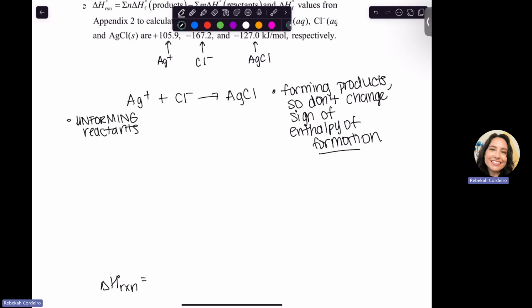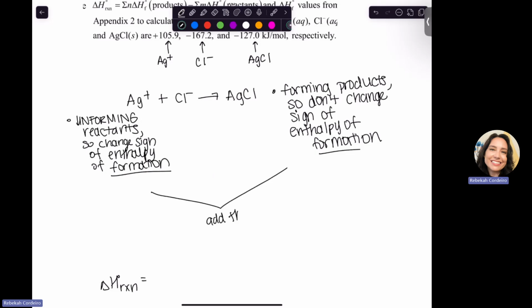So we're doing the opposite of forming them. So we have to change the sign of the enthalpy of formation, because we need to find the enthalpy of unformation, which would be the opposite. Does that make sense? And then once you have all those signs, you're just going to add them all up.